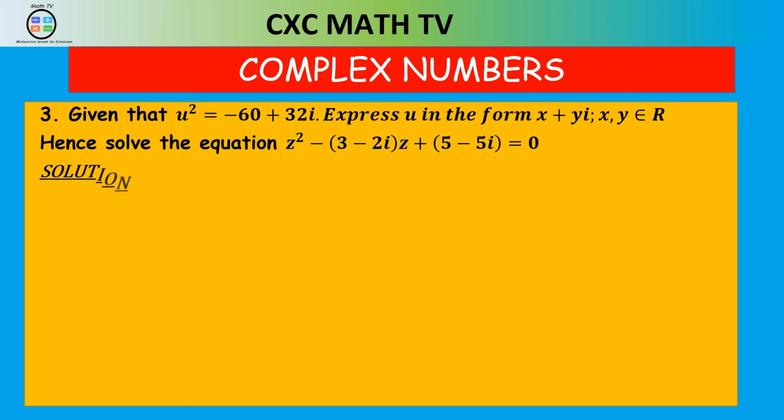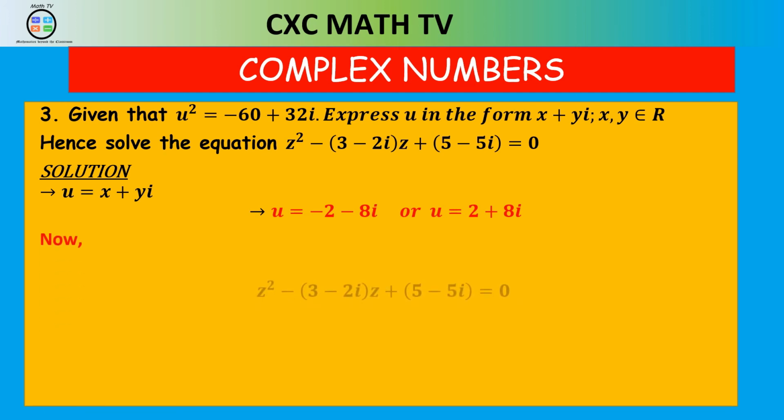Cool. So that gets the first part out of the way. We found u. Now let's look at the second part, which is to solve the quadratic. To solve the quadratic, just go straight ahead and use the quadratic formula, where minus b is 3 minus 2i. So we have 3 minus 2i, that's our minus b, plus or minus the square root of b squared.